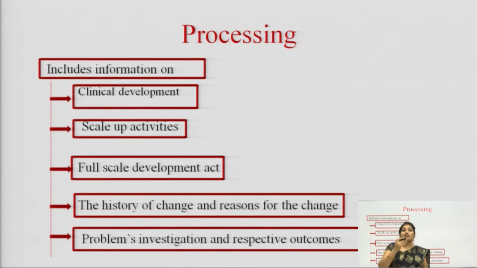Okay. So, history of change and reasons for the change means the sending unit will provide the information regarding the changes done in the process and the various reasons for that change.